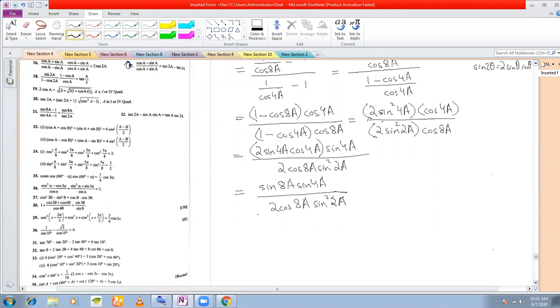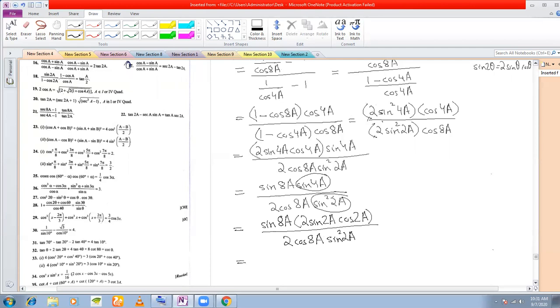Okay. Now what you see here is that in the numerator you have this sine 4a, and in the denominator you have sine 2a. So what you do here is you convert this sine 4a to 2 sine 2a cos 2a, divided by 2 cos 8a sine square 2a.